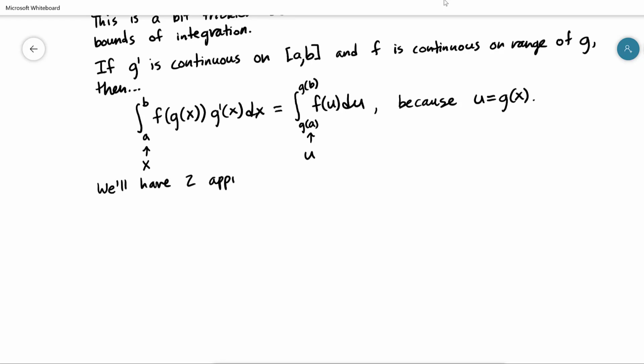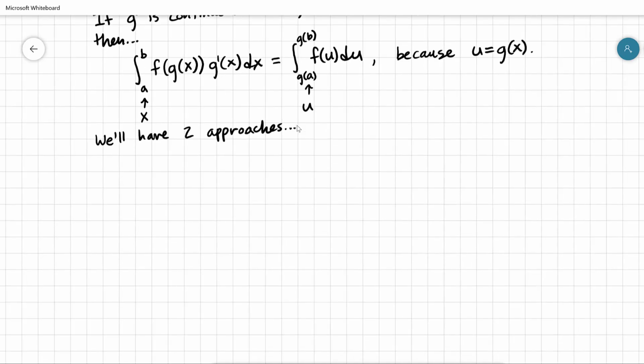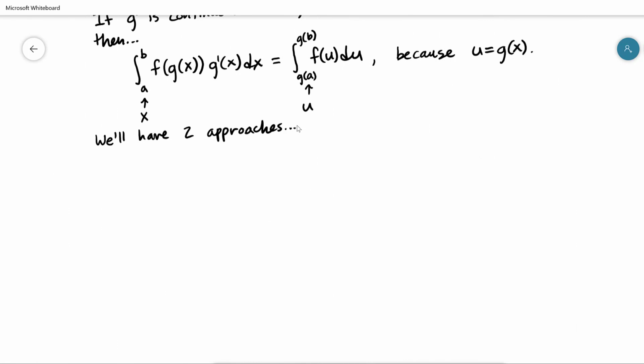And a lot of times, unless you get good at anticipating which one's going to be easier, there's kind of a conservation of misery. They both require you to do some evaluations, do a little bit of work, but sometimes you can get lucky and one is an easier approach than the other. So let's take a look.